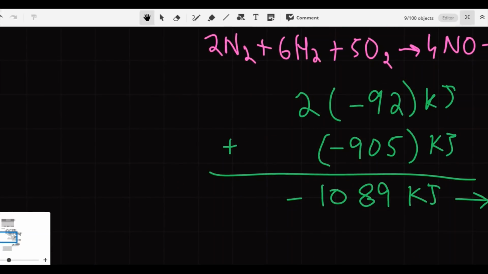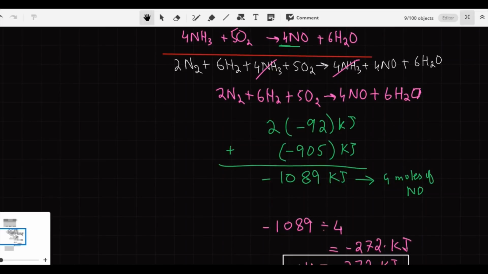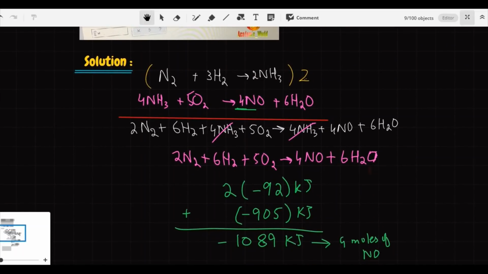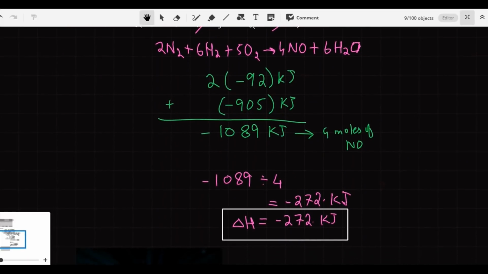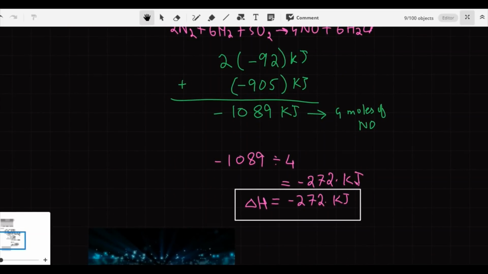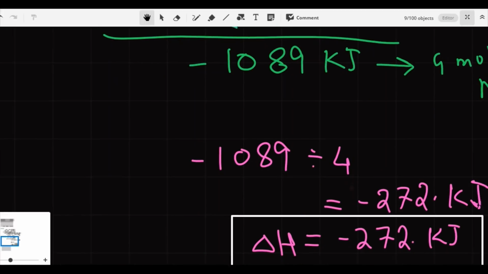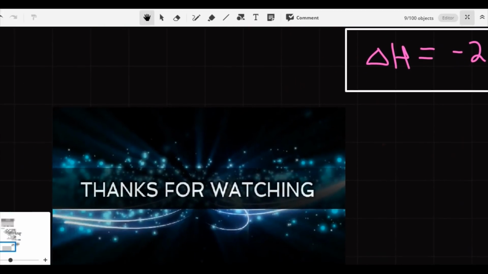I am going to show you the whole steps. You can see here. Okay, so that is our final answer.